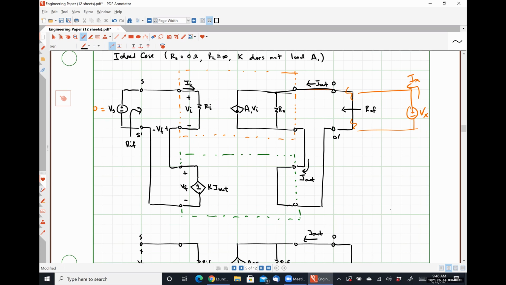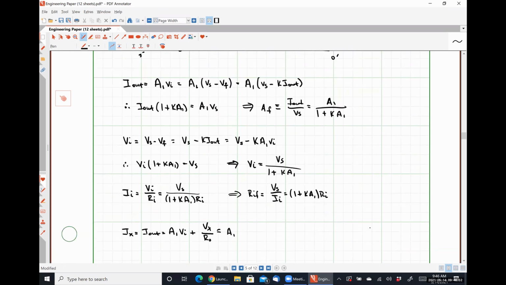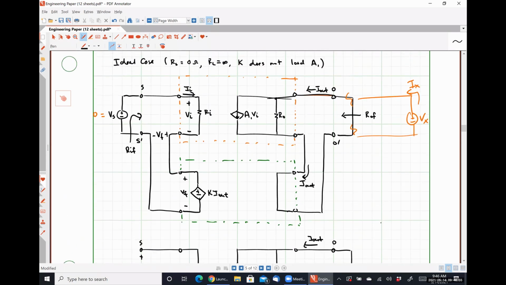What is the voltage drop over my open loop output resistor R_o? It's Vx, because this is just a wire, a short circuit. So applying Kirchhoff's current law, I can say that this is A1·VI plus Vx over R_o. VI in this case is simply negative VF.